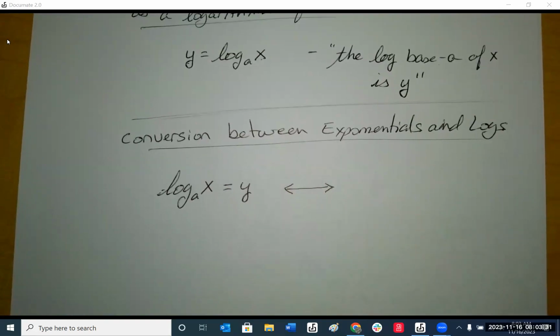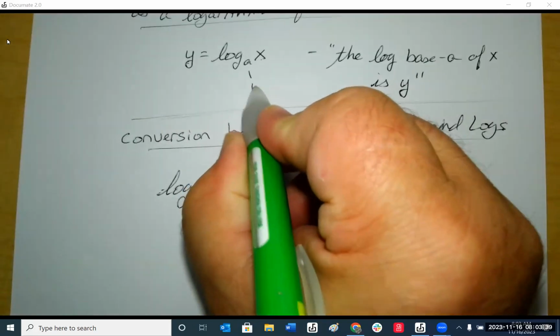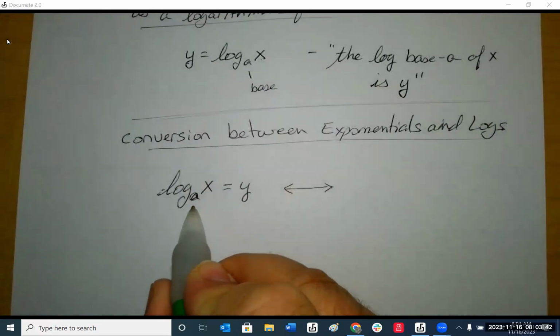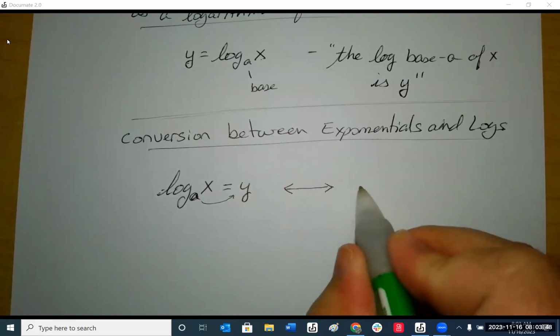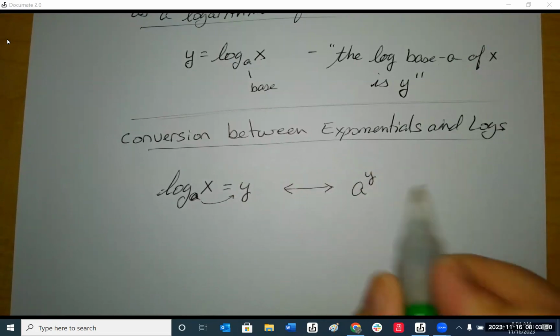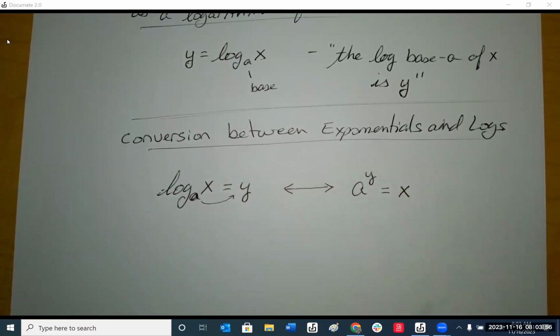The conversion, we should be able to go both ways. Because remember, this is the base. That's the base. So the a has to remain the base. So it comes over here and is the base of y. So we have a^y. Since the base is gone, the log drops off, and we end up with x on the other side. So that's the conversion. So the a picks up the y and the log drops off. Then all we have is a to the power x. Conversely, we go back and forth.